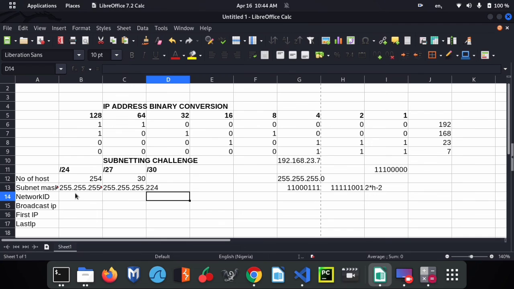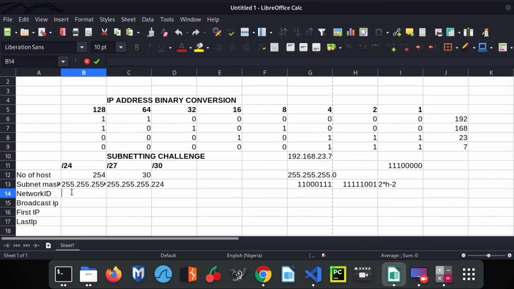And like I said, the network ID is usually the representation of the network. So here the last octet is usually .0, and you could have something like 192.168.whatever.0, because that represents the network ID.